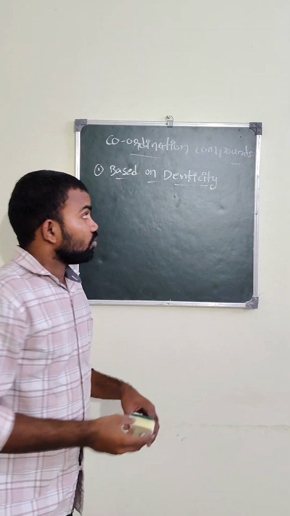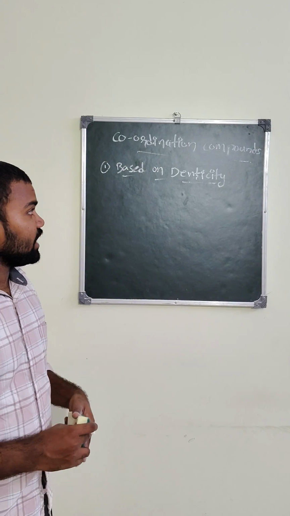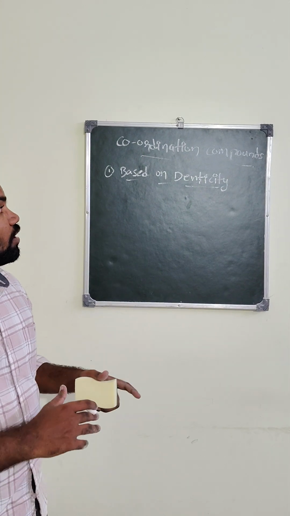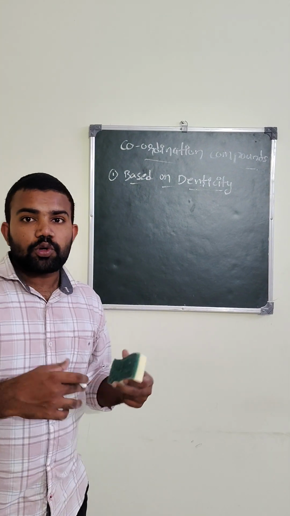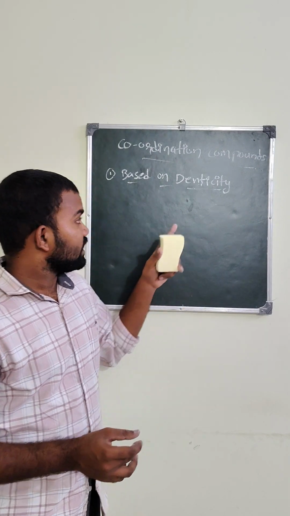Okay, so based on denticity, what is denticity? The number of types of donation of lone pair to the metal atom is called denticity.